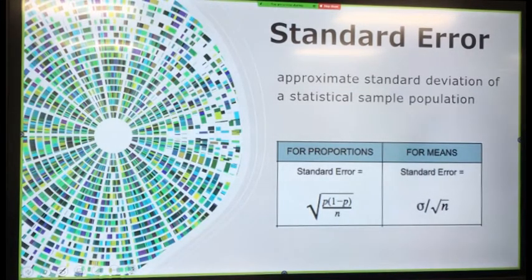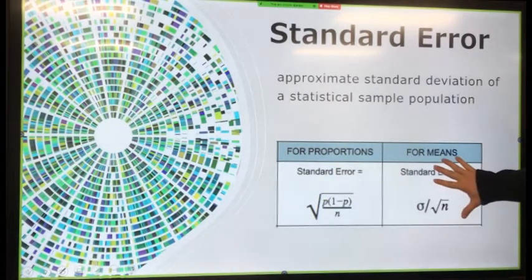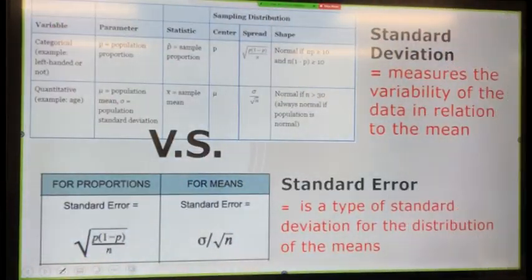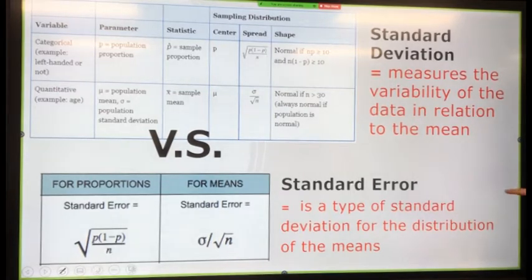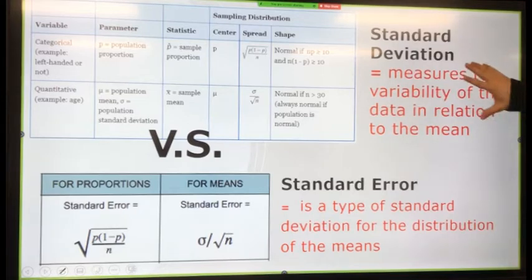Standard error: the approximate standard deviation of a statistical sample population. So we have 2 different formulas for standard error, one for proportions and one for means. And we'll get more into standard error later. Now, standard error is a type of standard deviation, where standard deviation is the measure of the variability of the data in relation to the mean.